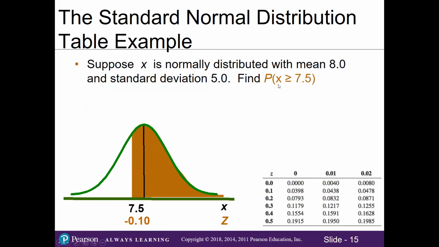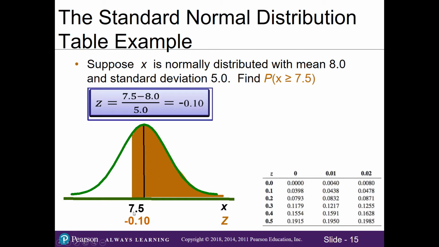And we want to now find the probability that x is greater or equal to 7.5. Recall we've already converted 7.5 into a z-value, so we know it's negative 0.1. And using the appendix, we know that the area between our negative 0.1 and our mean is 0.0398. That only gives us this sliver of shaded area here on the left side. If we're looking for an x value greater than 7.5, meaning all numbers to the right here, I now need to add this half of my curve.